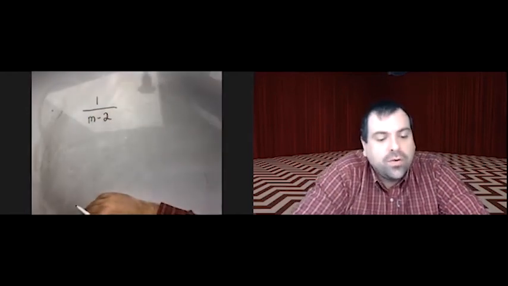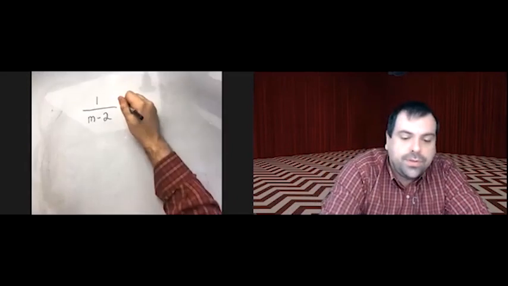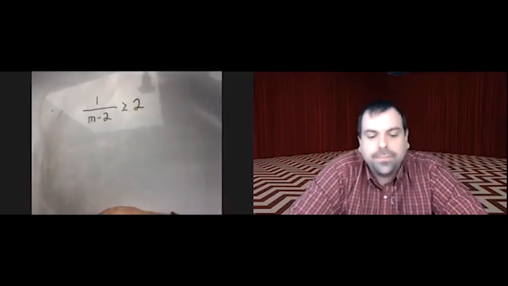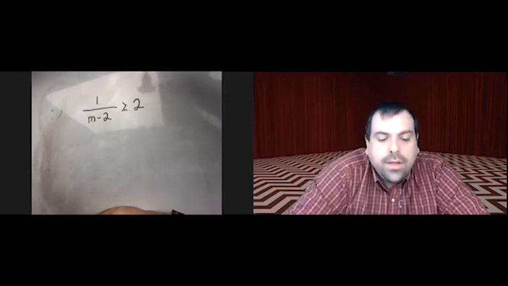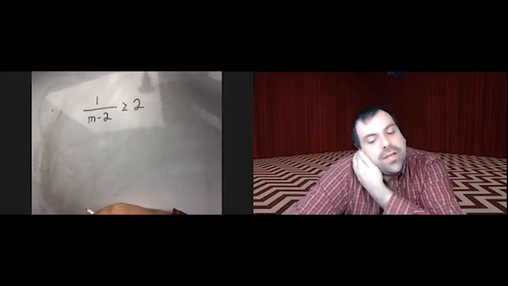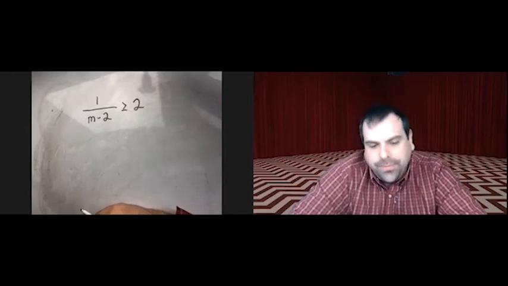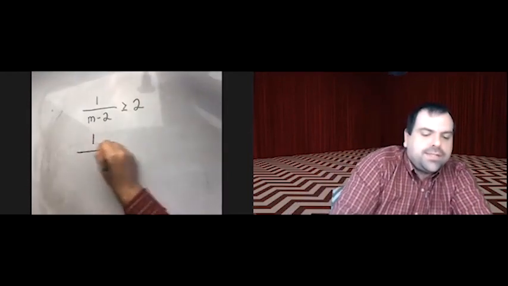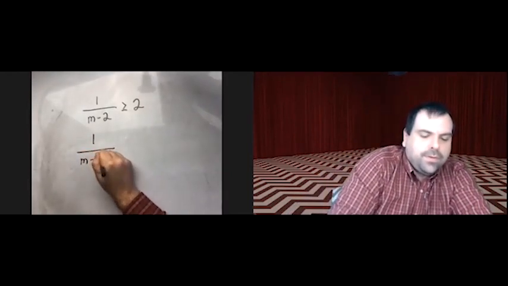Let's take a look at 1 over m minus 2, and we have this greater than or equal to 2. I'm going to go ahead and subtract 2 from both sides. Why?